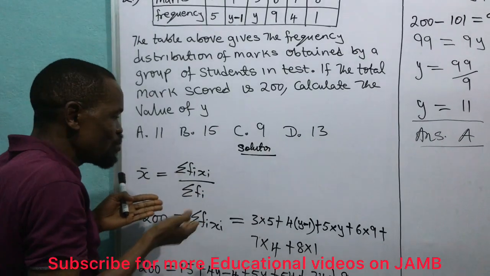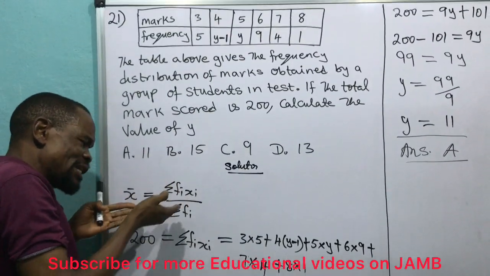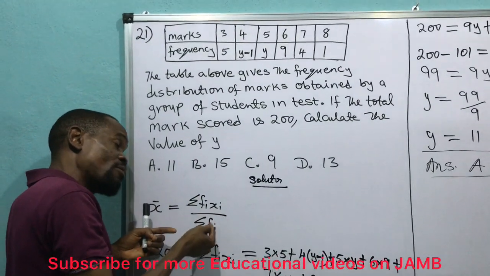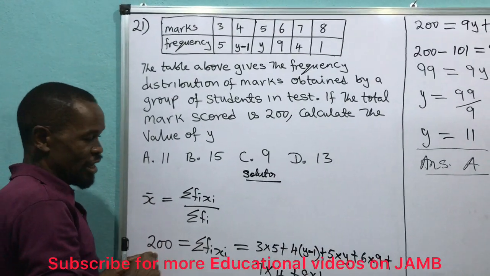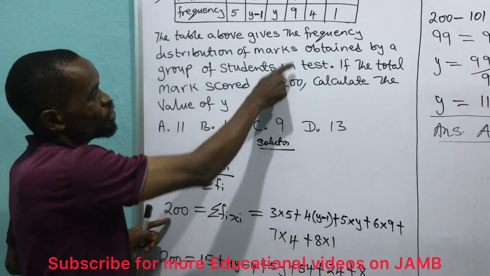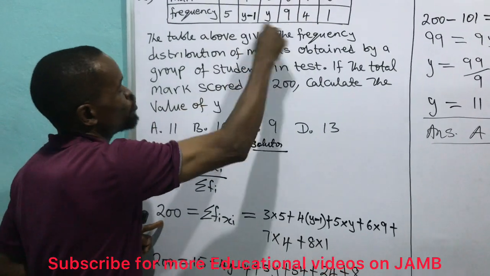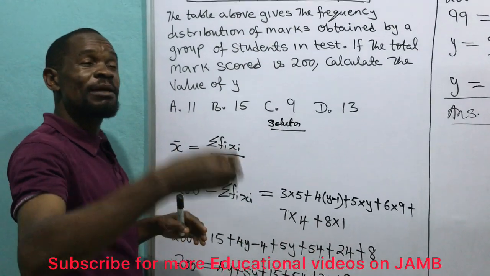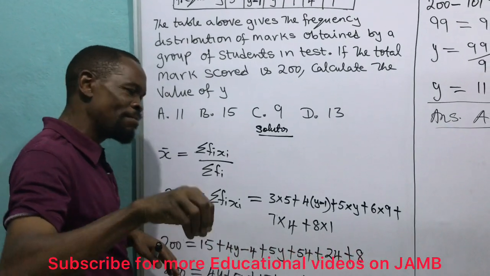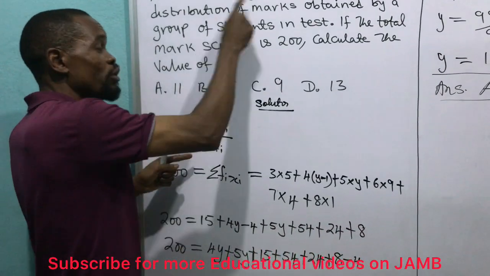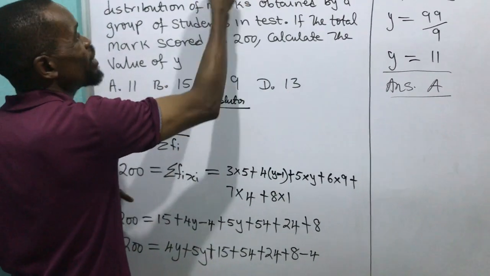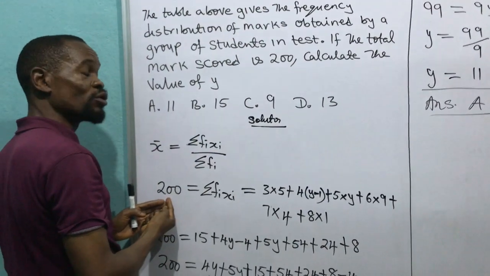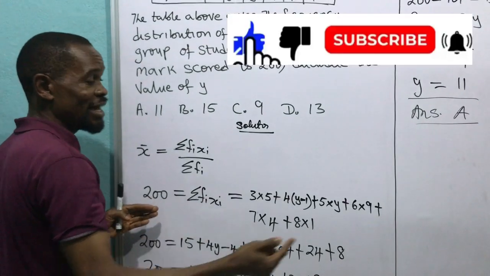But they didn't ask us the mean. I'm bringing this to tell you this is the total mark divided by the number of frequency. So the total marks is equal to 200. If you divide 200 by the total frequency, you will have the mean mark. If you now get the total frequency by taking this 11 and putting it for y here, you will get the total frequency, and dividing the 200 you have here, you will get the mean mark.